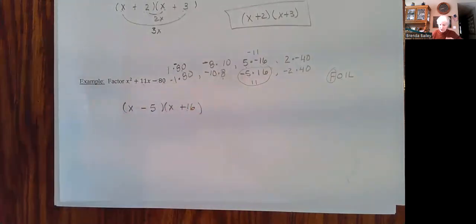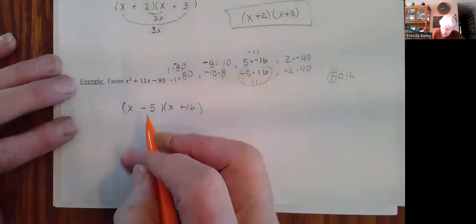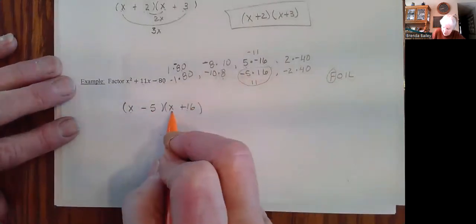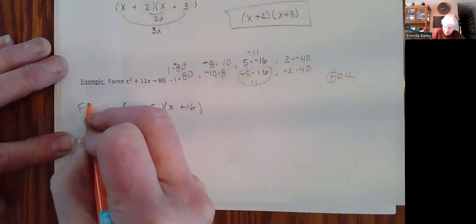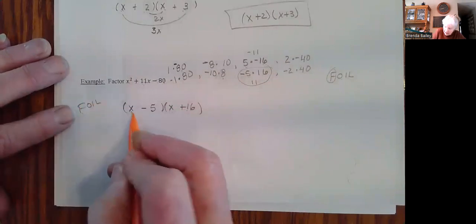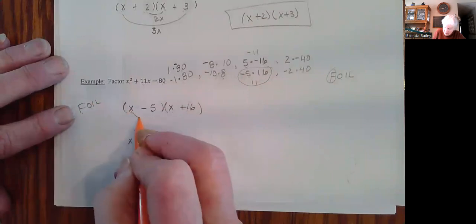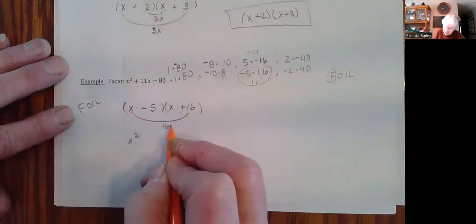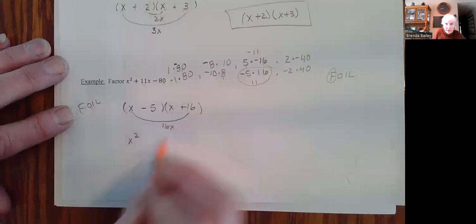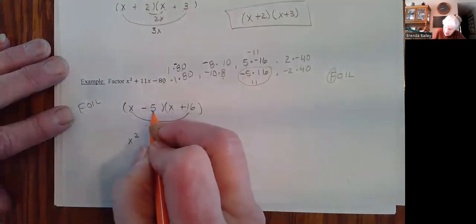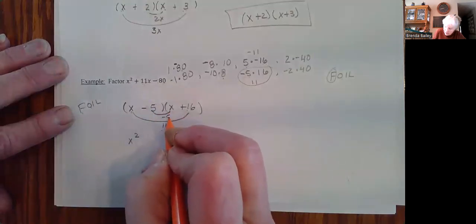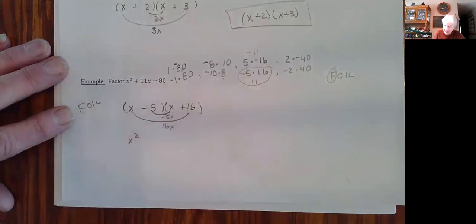It doesn't matter, the order. Okay, let's check it. Let's use our FOIL and go through it. The first times the first is x squared. The outside is 16x when I multiply those. The inside is a negative 5x when I multiply those.